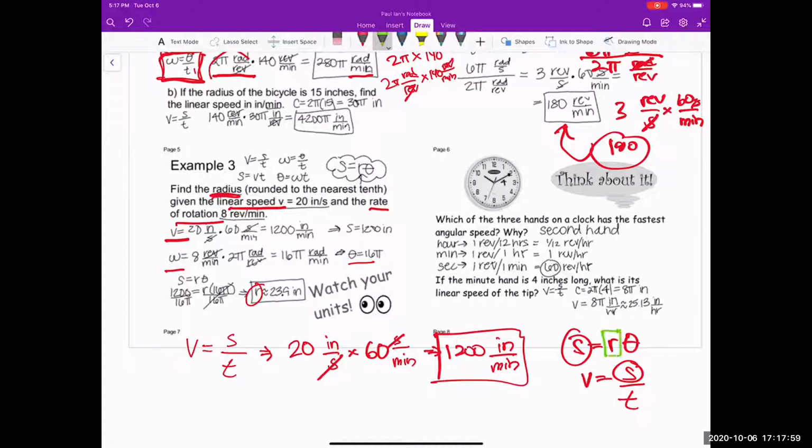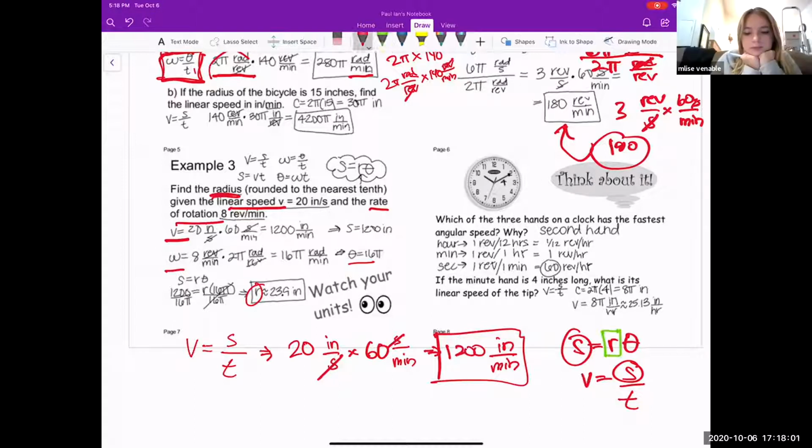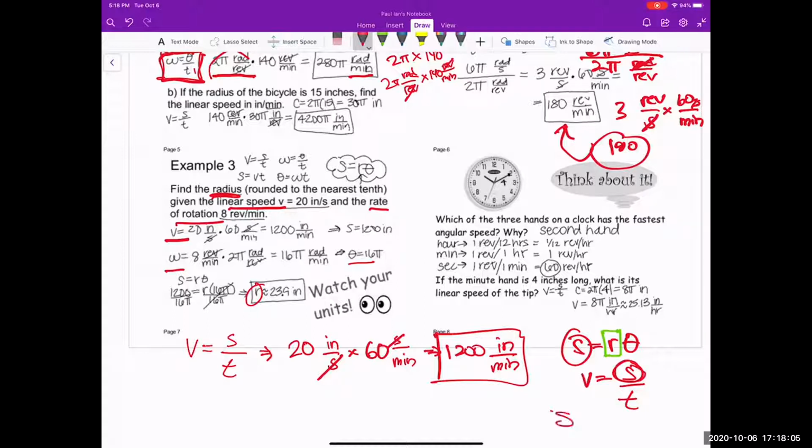So it's just messing around with the equations. You have to get s from here. Another equation for s is V times time. After you get V times time, you plug it in here, but then you still need theta. Where else did you find theta? Theta appears in the angular speed, which is theta over time, right?